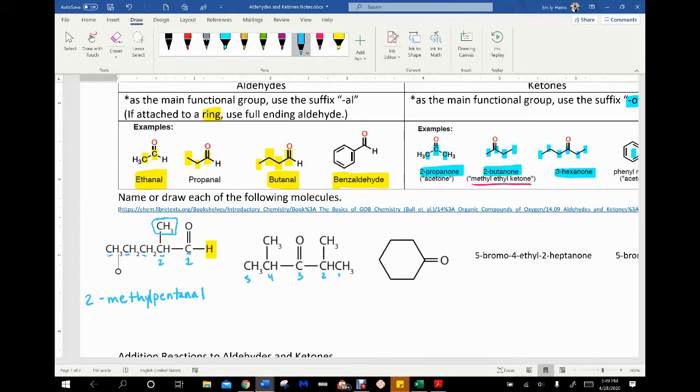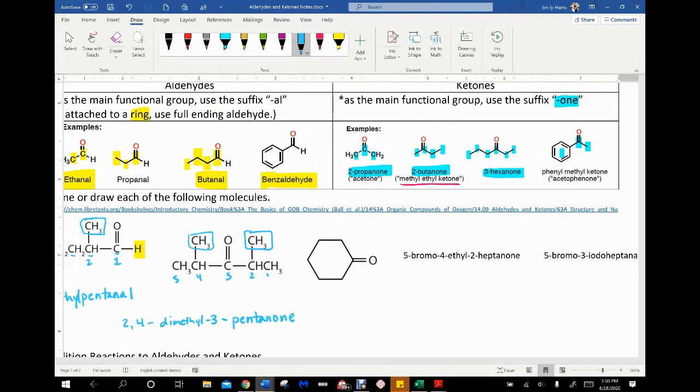So the ketone is on the 3rd carbon, and out of 5, so our ending will be pentanone, and the ketone is on the 3rd carbon. But then we also have a methyl group on the 2nd and on the 4th carbon. So we'll call that 2,4-dimethyl 3-pentanone.